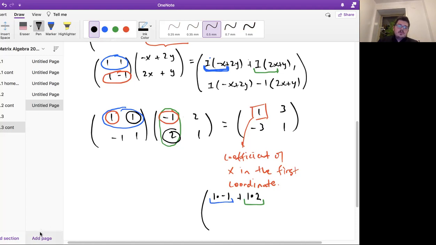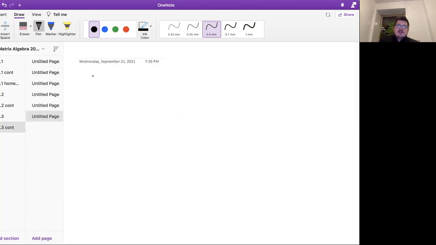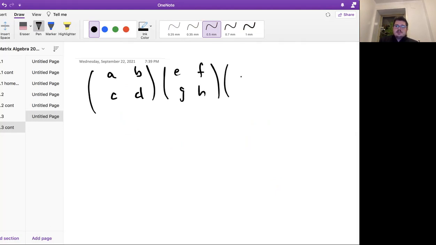Now let's develop the formula pretty explicitly. I'm going to do this again with random letters, and then we'll see what the formula is.